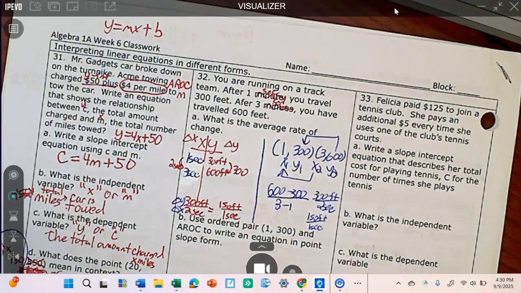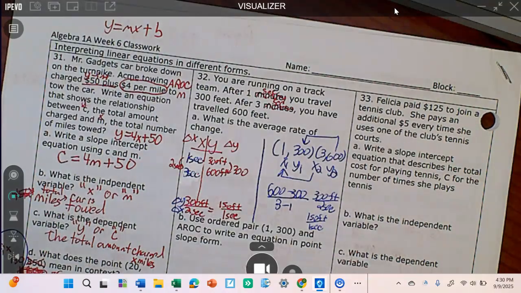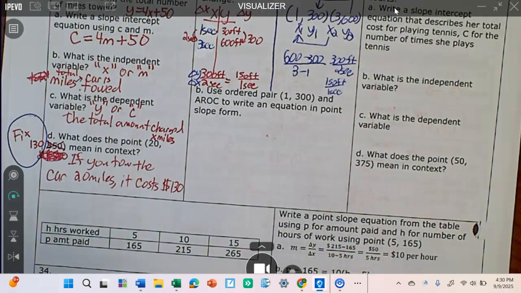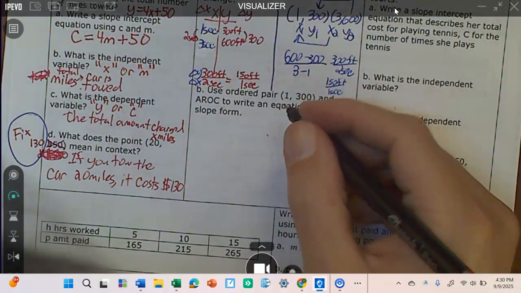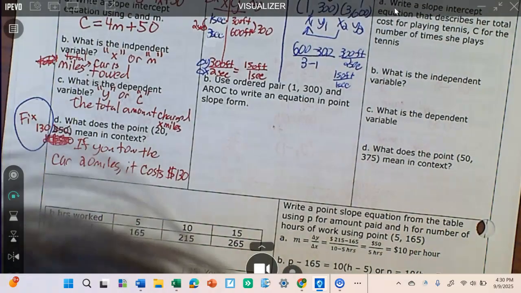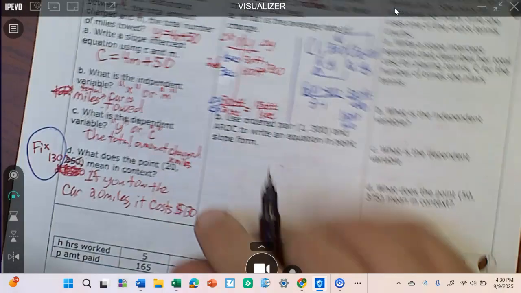Okay, it says use ordered pair 1-300. I need to tell you which type. That's what I'll do. And down here I'll give you the... No, I don't think I can fit it on there.